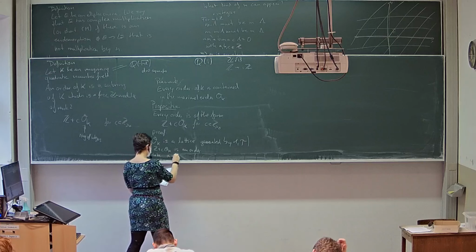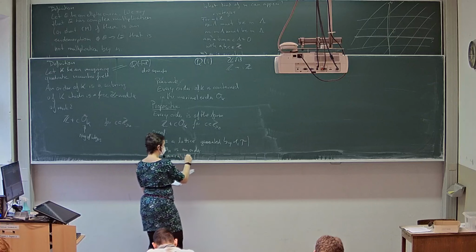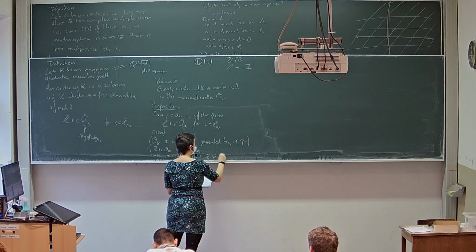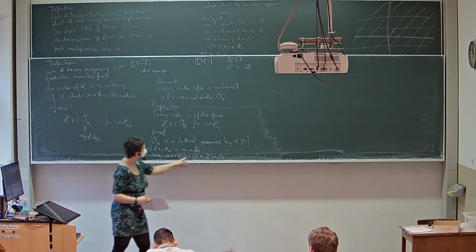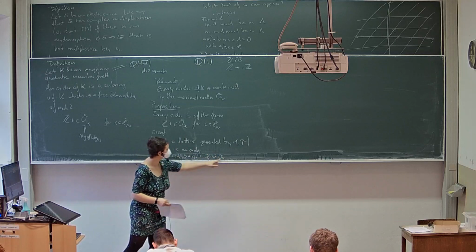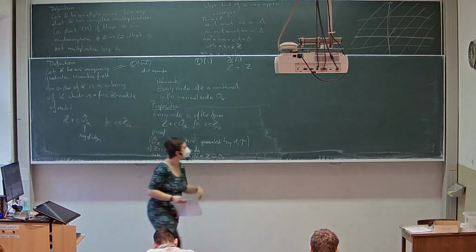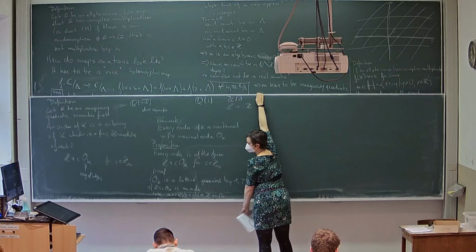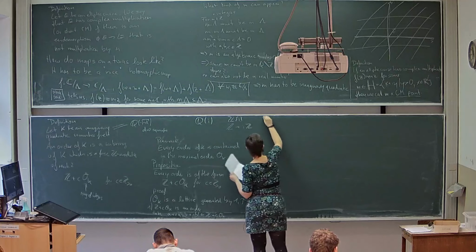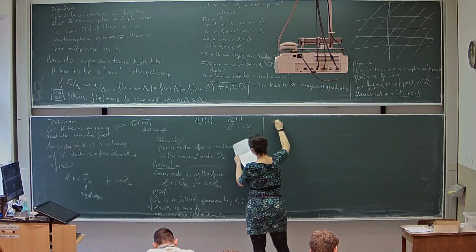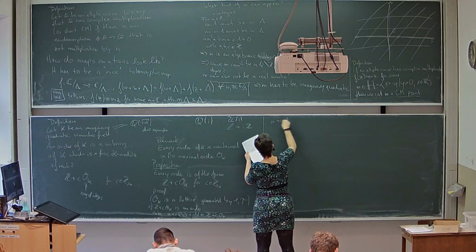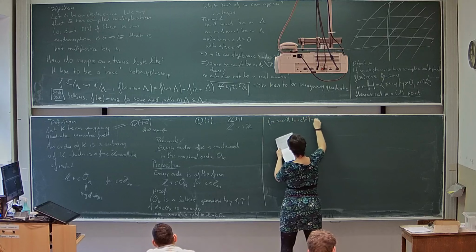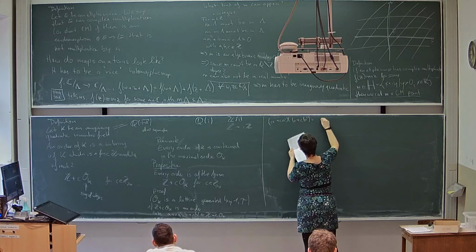Take A plus CA prime, B plus CB prime in there. So A and B are integers, and A prime and B prime are in the ring of integers of K. And then we just multiply them. Okay, and what do we get here?